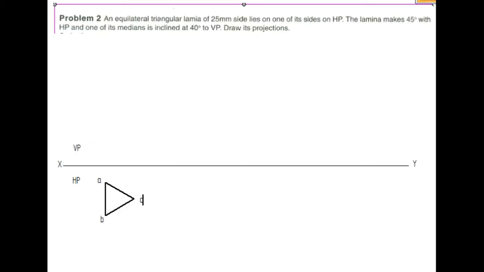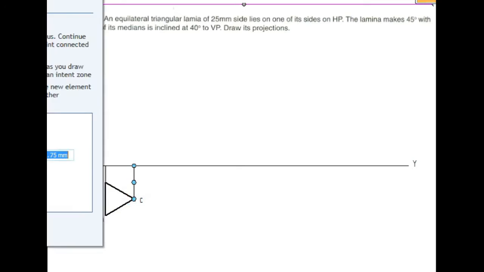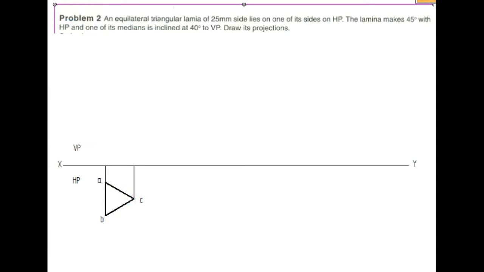Next I will project the line upward to obtain the first front view of an equilateral triangular lamina. The view that is obtained by using the projection line will be represented from this point to this point.